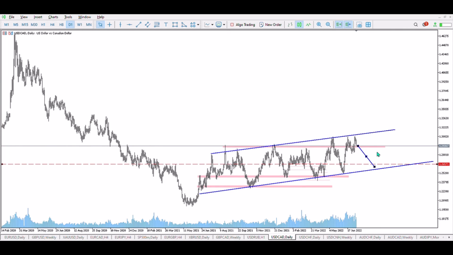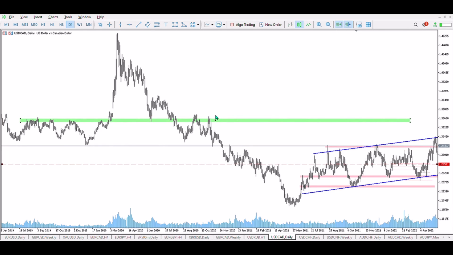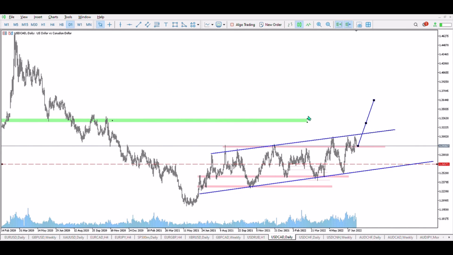This is what I expect. If we go bullish, then the next target is this support area right here, or maybe it is a little bit lower, something like this.